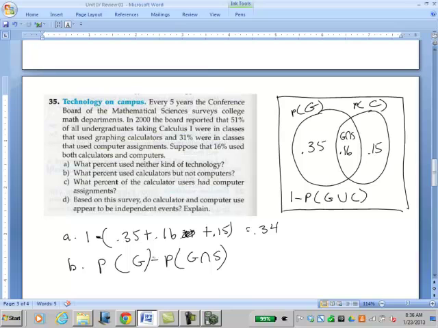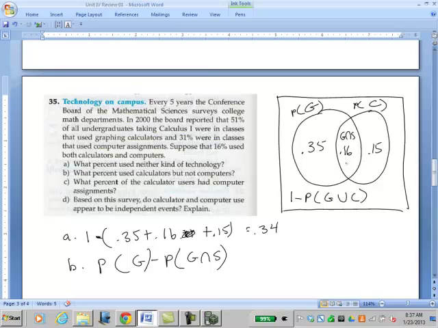The thing is, if you look at the Venn diagram, the whole square is 1. If you just look at the three pieces, 0.35, 0.16, and 0.15, these three pieces are the people who are using one or the other in total.